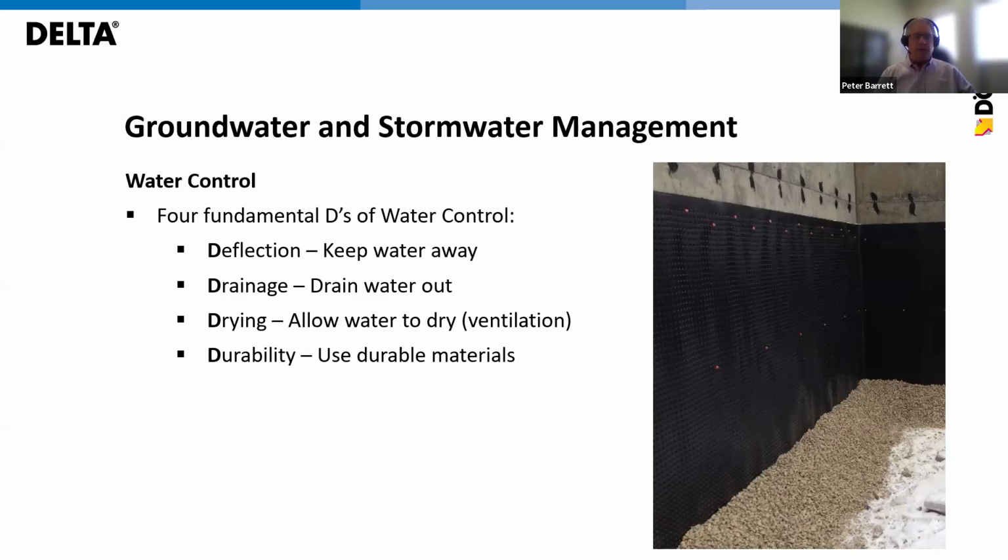Drainage, the function of taking collected water and allowing it to flow somewhere else. Drying: once something gets wet, we would like it to get dry. That can be done, for example, through ventilation. And durable. As I said earlier, we need our material to last.